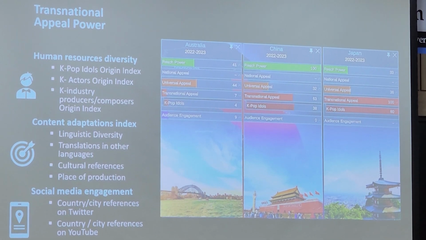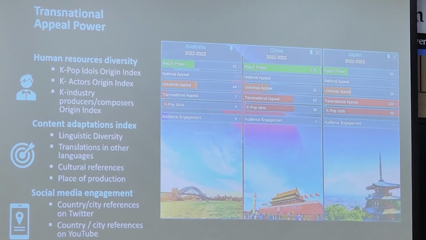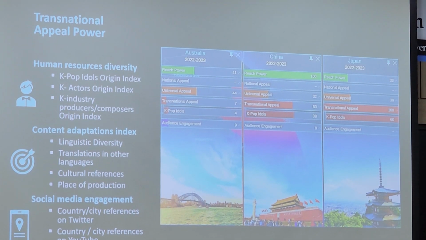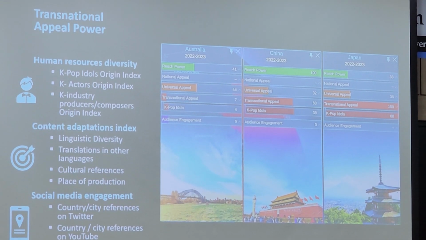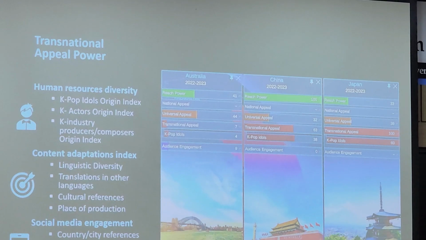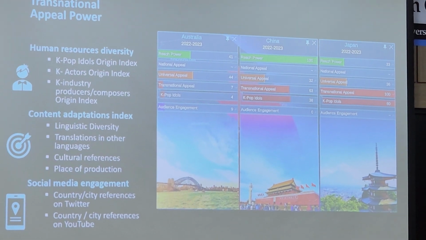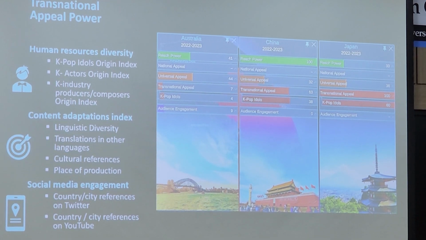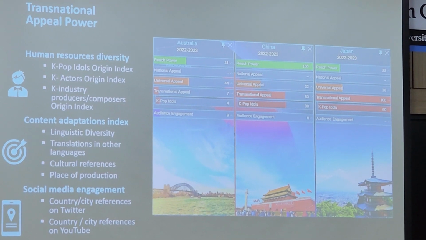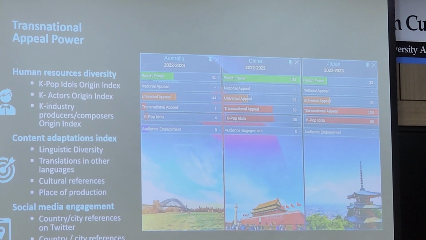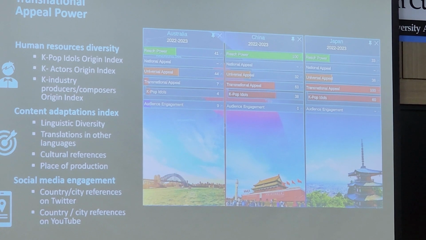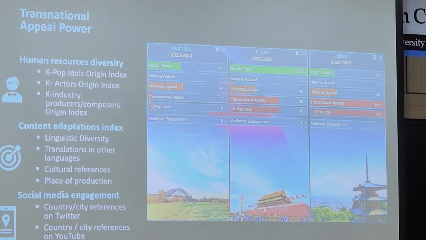We are looking at what exact references are engaged in this particular country, because eventually that would make it more appealing and more interesting for audiences. And so far, this layer is the least developed because we mapped only one type of data, K-pop idols, and as you can see on the screen, the majority of K-pop idols come from Japan, 16 in total.